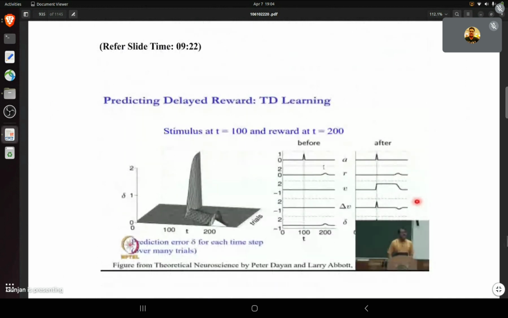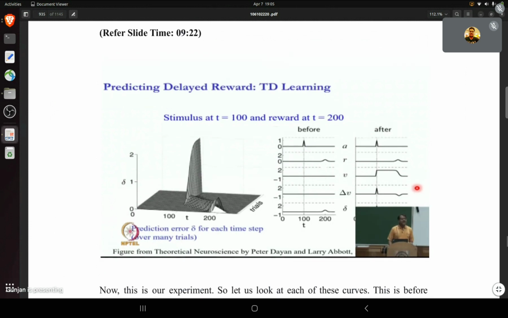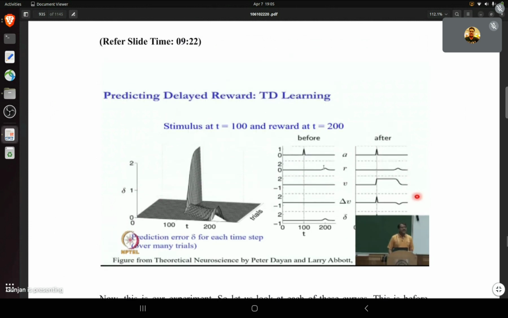Can you explain what this A and R mean? These were never defined by the professor. I think A clearly means action.